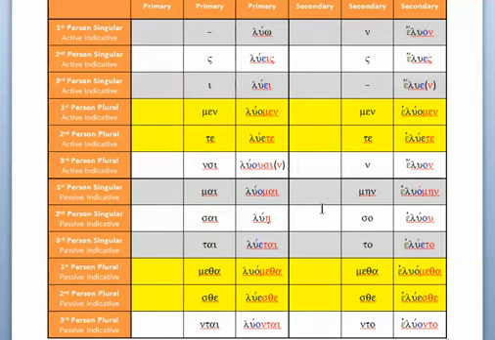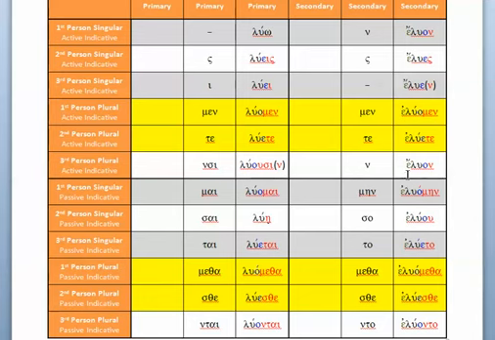So, tie those ideas together in your brain any way you like, but hopefully that will help you remember that those things below the line are passive and those things above the line are active. So that line is a big split there.